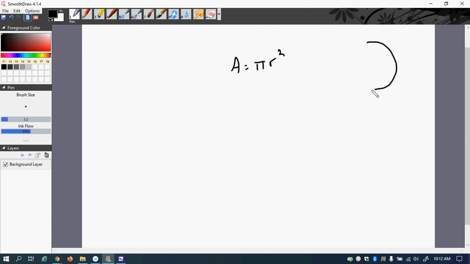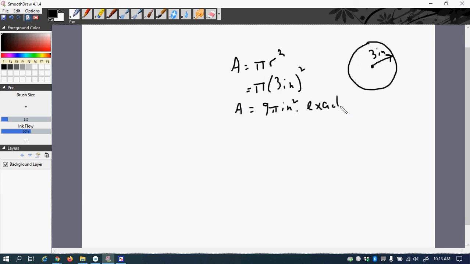So now if we have a circle again, and I say that the radius is 3 inches, then I can put that in: pi times 3 inches squared, and so that becomes 9 pi inches squared. And so this is my area, which is exact. It's an exact value because I've left pi in.